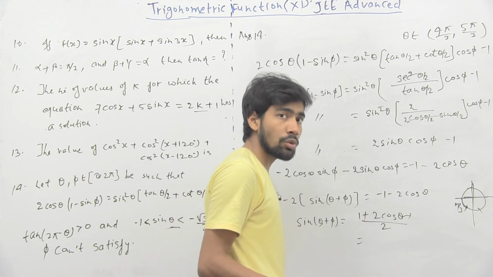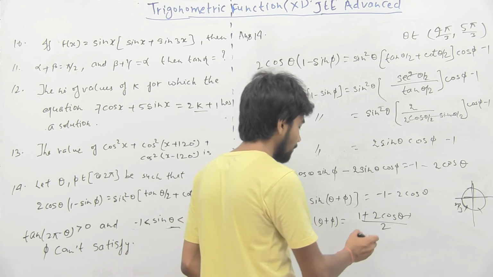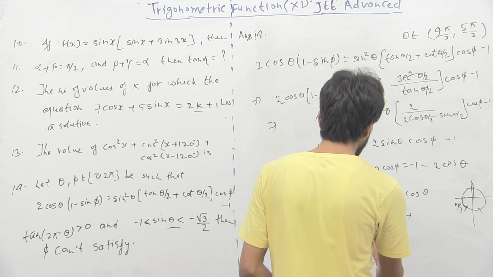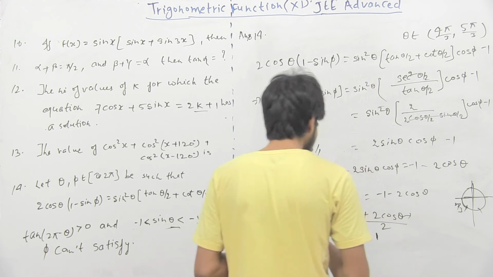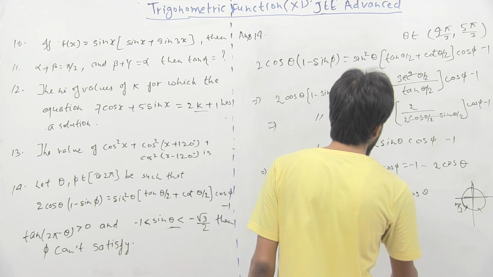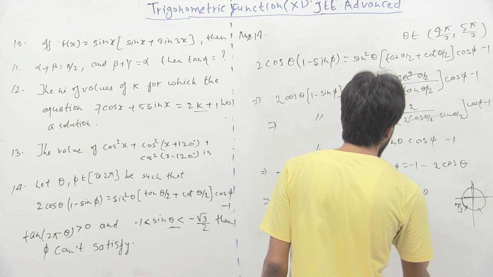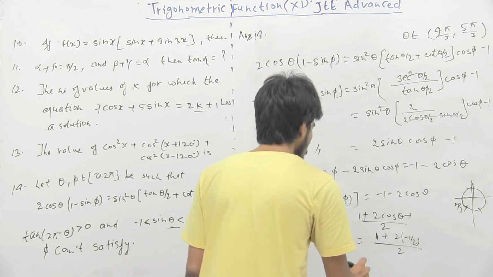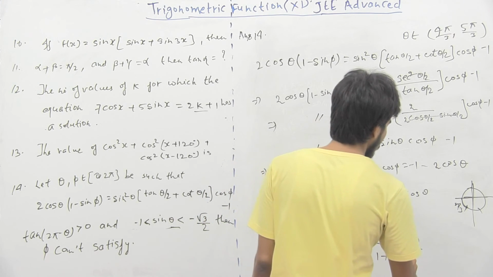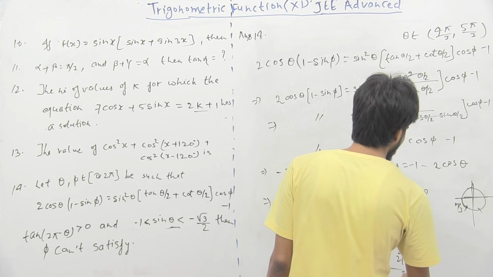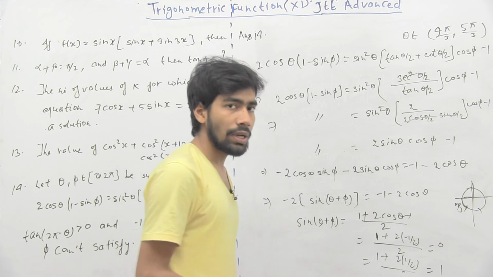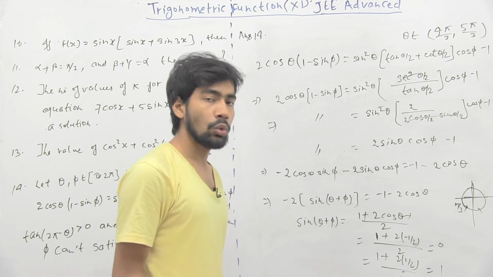So when we put minus 1/2 here, we will get 1 plus 2 into minus 1/2, which is 0, and when we put cos θ equal to 1/2, we will get 1 plus 2 into 1/2, divided by 2, equal to 1. Okay. So sin(θ + φ) is in the range of 0 to 1.